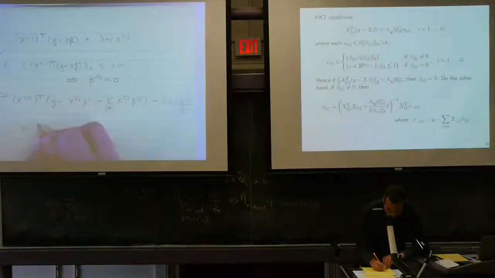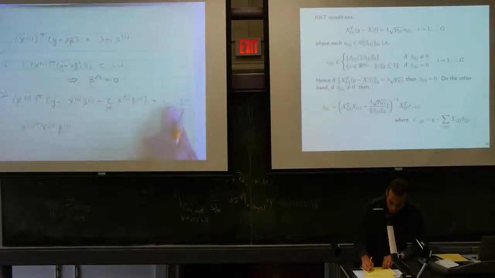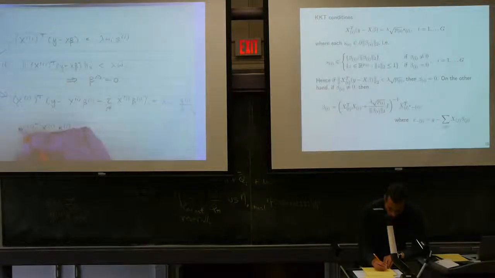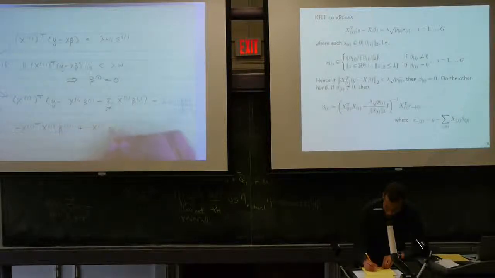I have xi transpose xi times beta I, negative of this, plus xi transpose y minus all of these things.